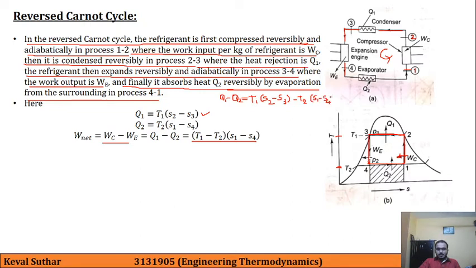If you see the difference between the entropies, S2 minus S3 is equal to S1 minus S4, because both have the same length. So we can write S1 minus S4 here.